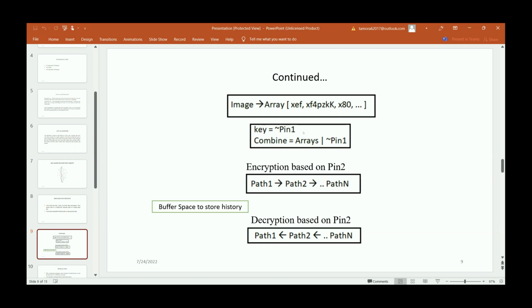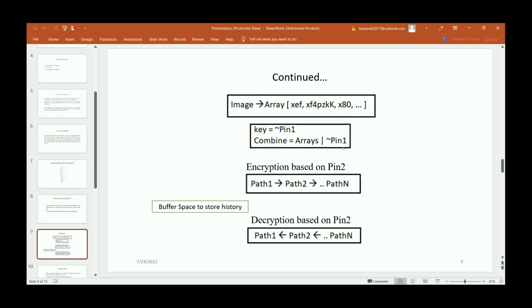Why? It is for additional security, because keeping the pin as entered by the user may cause a threat. So it is inverted using a logic gate technique so that the original pin is not visible anymore. Once these two steps are done, another logic gate technique is used to combine the first array and the pin.